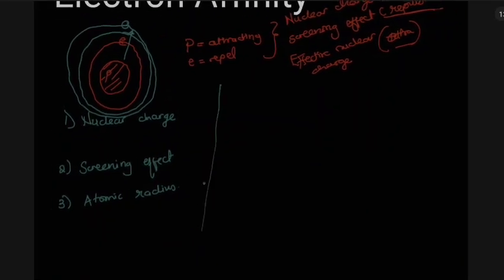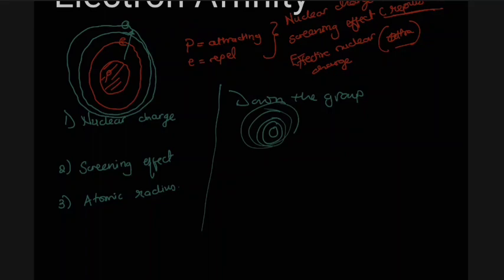So down the group, the atoms become bigger and bigger, isn't it? We continue adding shells. Now that means down the group the tendency of the atom to attract the electron towards itself will decrease, isn't it?